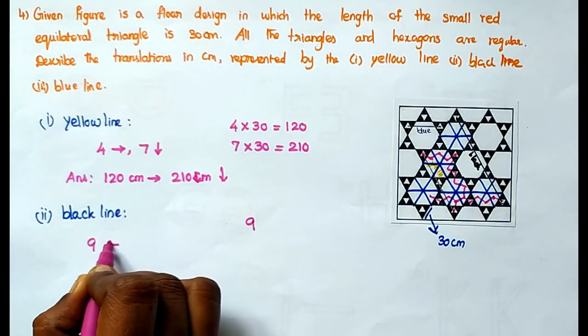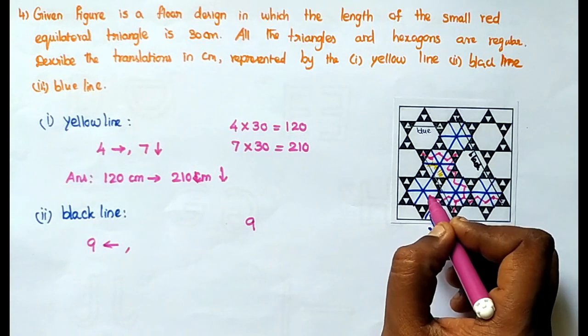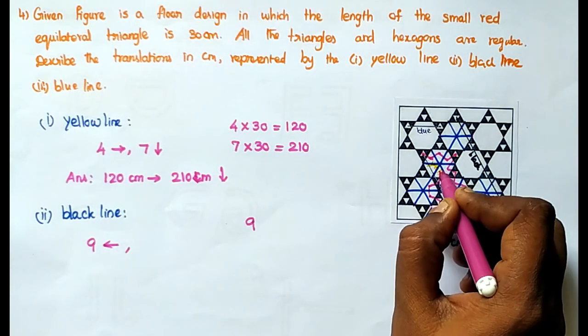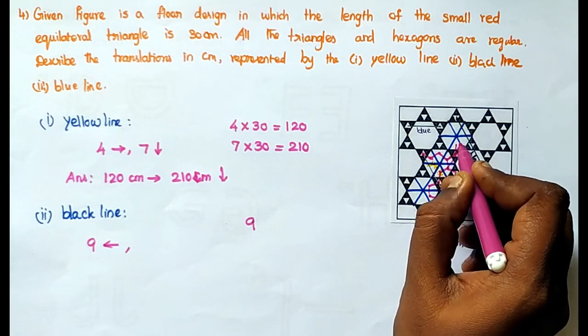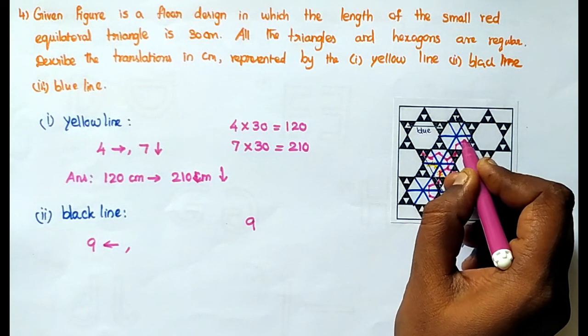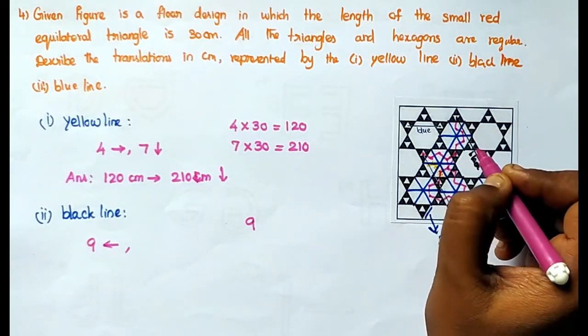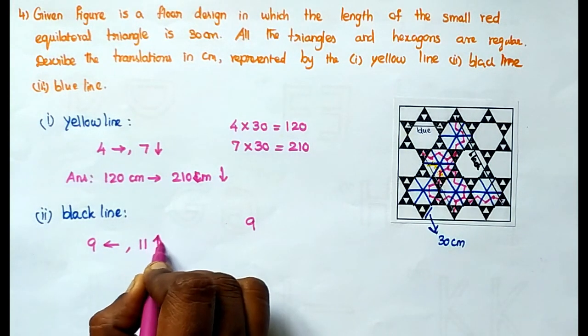Next, from here 1, 2, 3, 4, 5, 6, 7, 8, 9, 10, 11. So 11 moves upward.